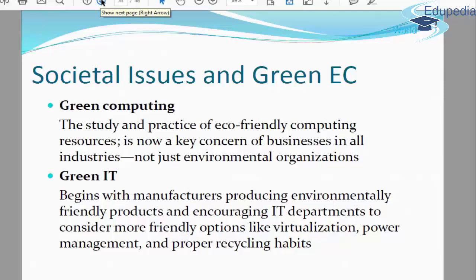But green computing is something that has to be adopted very early on in the business. Green IT begins with the manufacturers producing environmentally friendly products and encouraging IT departments to consider more friendly options like virtualization, power management, and proper recycling habits. So these habits need to start from the very beginning.